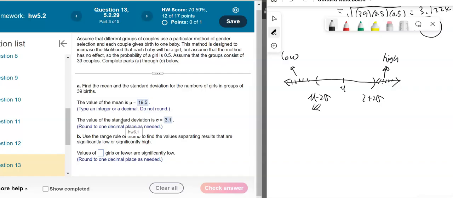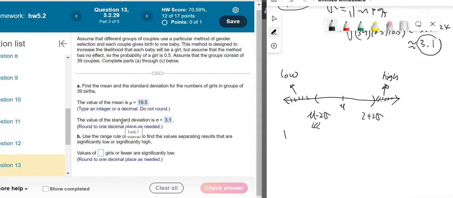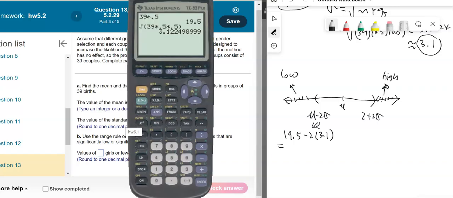So mu is 19.5 minus twice 3.1: 19.5 minus 2 times 3.1 is 13.3.